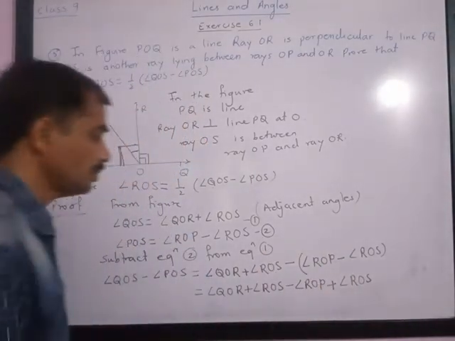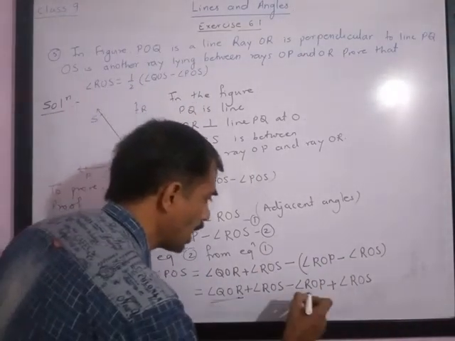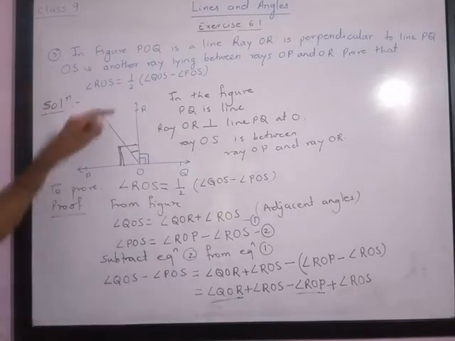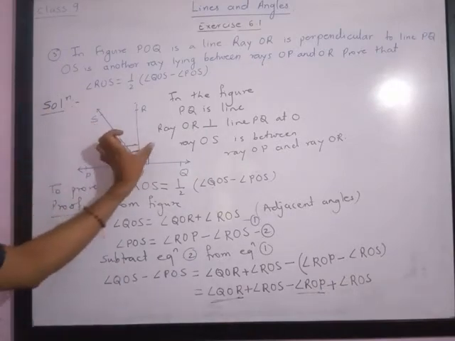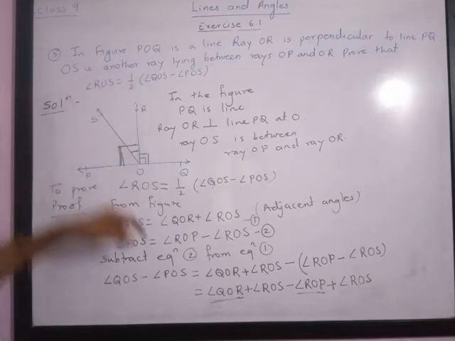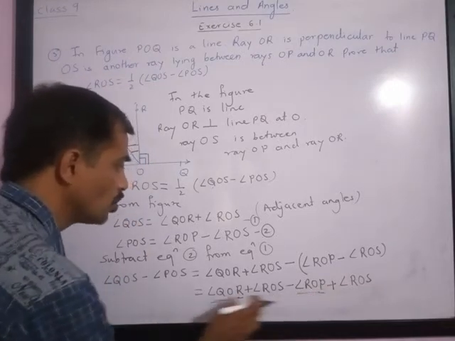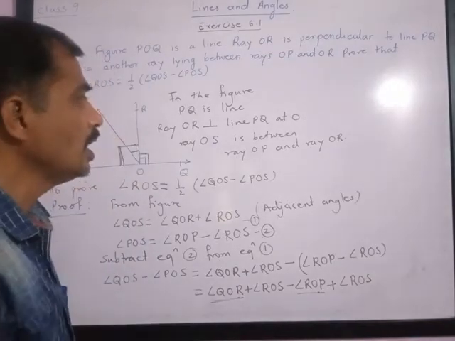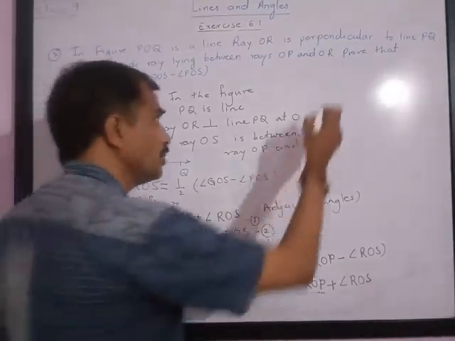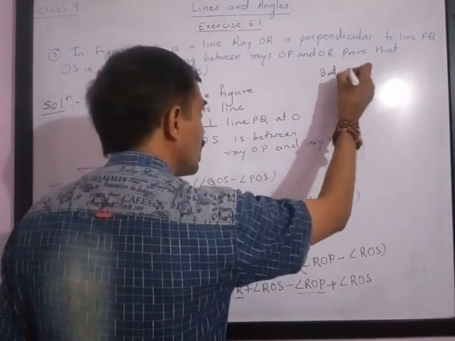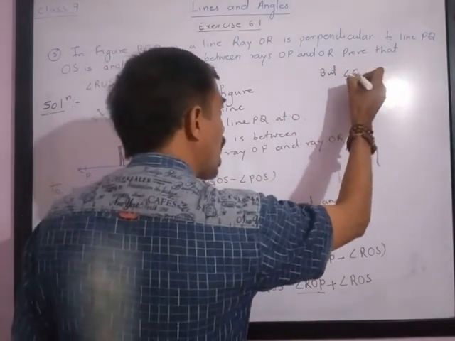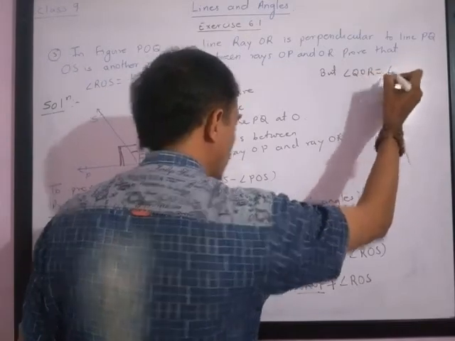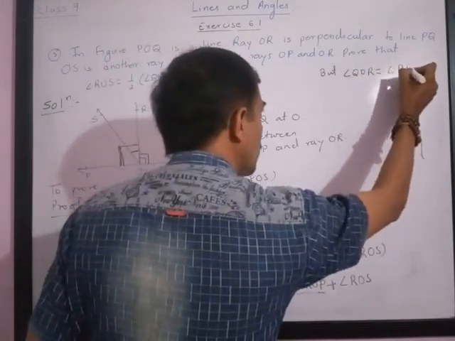Now see, angle QOR and ROP are both 90 degrees because this is perpendicular. So these two angles are equal. If equal is subtracted from equal, we get 0. Angle QOR is equal to angle ROP.